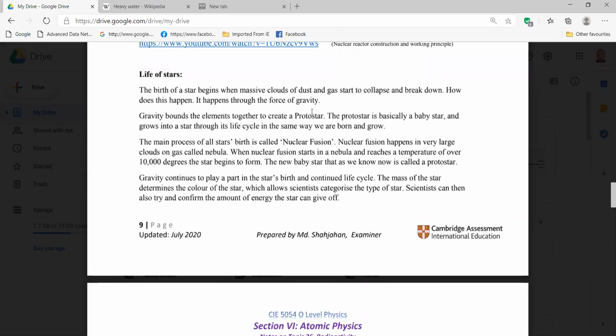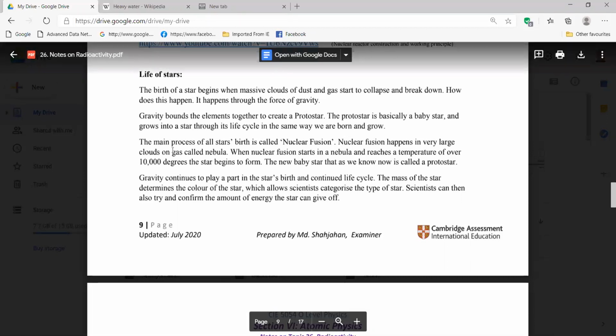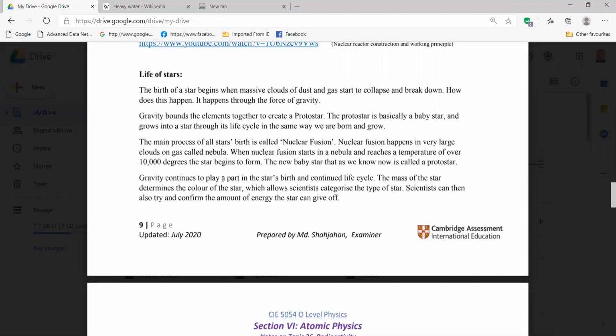When you got this word protostar, you could ask me what is a protostar. Then I gave the protostar definition and a little bit of discussion of how we are getting the protostar. So this part I tried to make in a way that the queries you can ask me are also answered here. Do you understand what I'm saying?